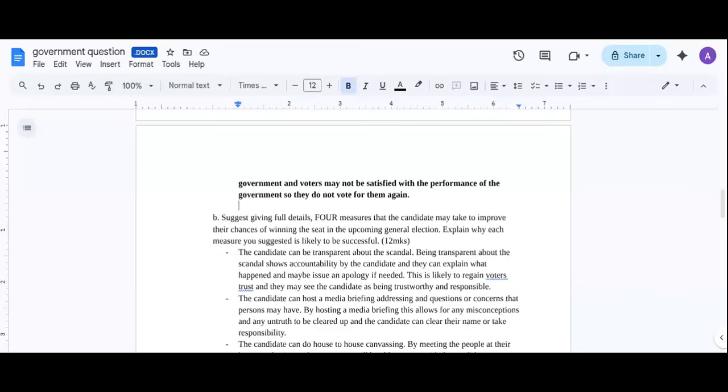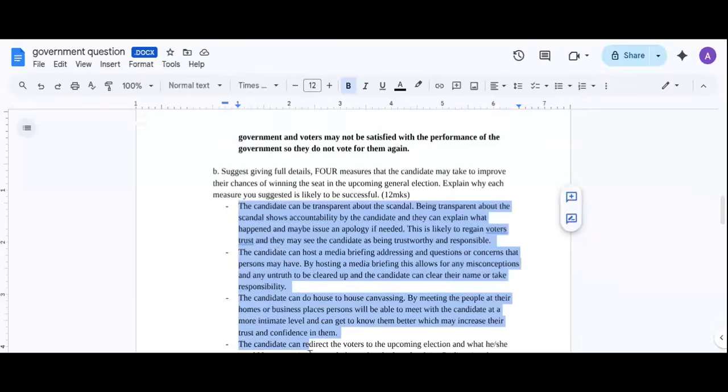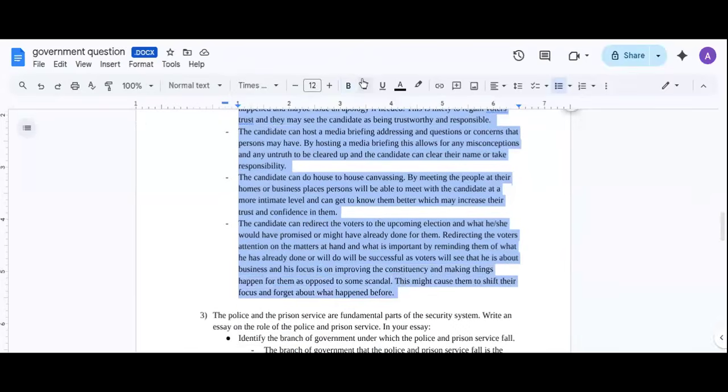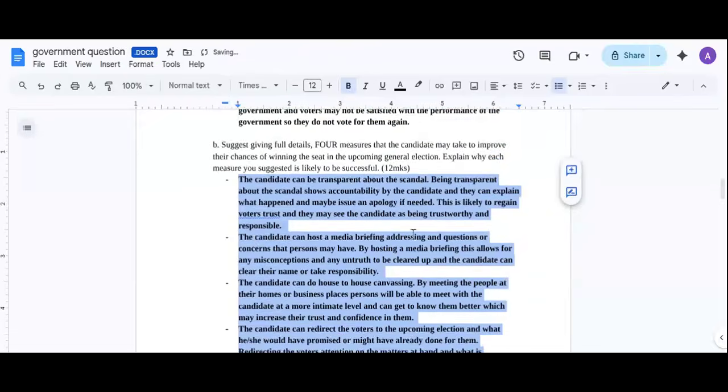So that is 8 and 4 is 12. So 4 measures. So the candidate can be transparent about the scandal. So that's the first measure that they can take.